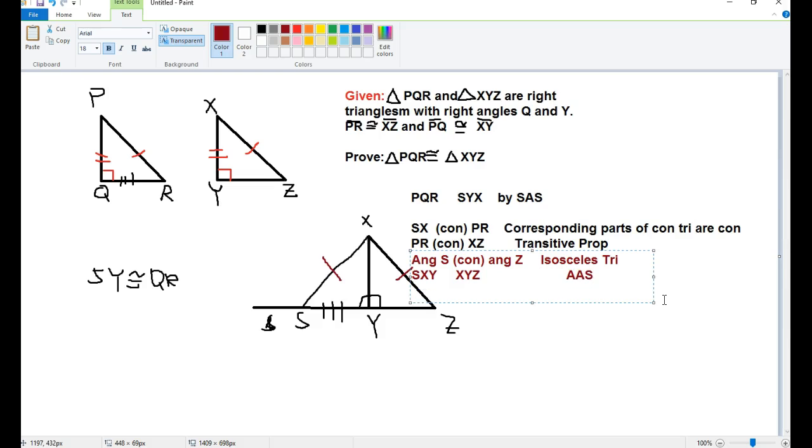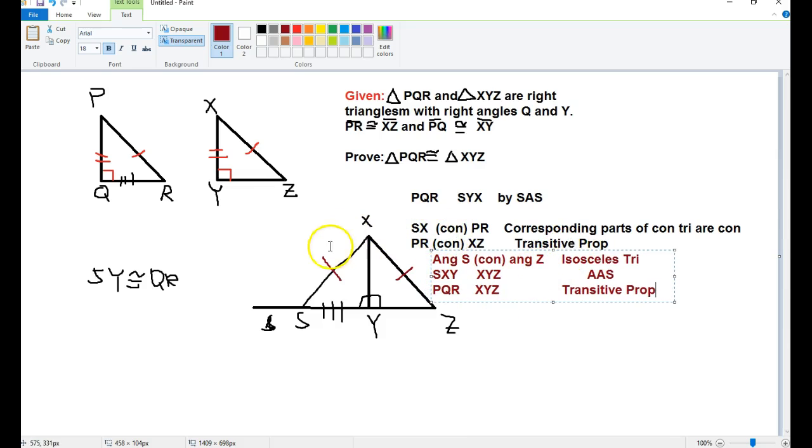And then we're going to use the transitive property one more time. PQR is congruent to XYZ by the transitive property.